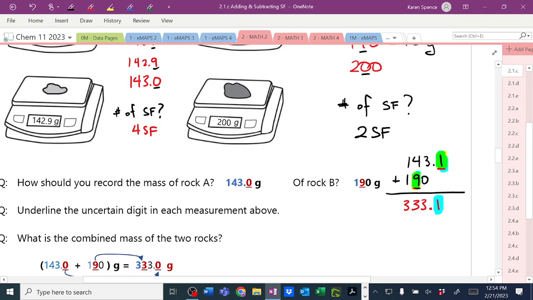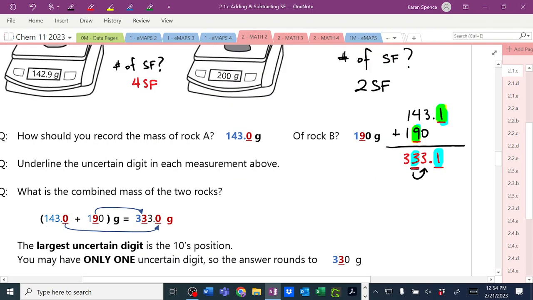This 9 here makes this 3 uncertain. How many uncertain digits are we allowed to have? Just 1. So once you get to your first uncertain digit, the largest uncertain digit, you have to stop and round your number off. So we are going to need to round to here. That's our first uncertain digit. So we look to the right and we round that off.